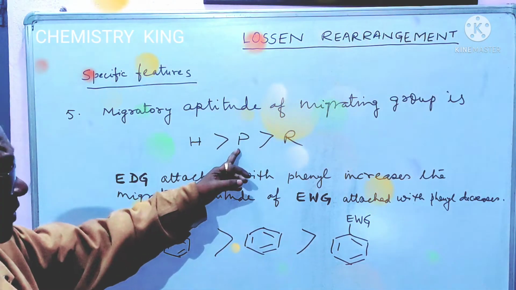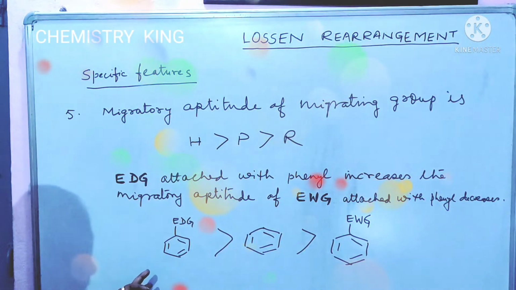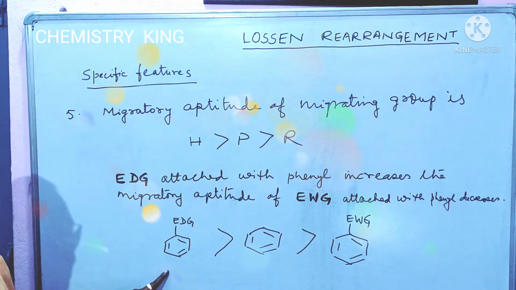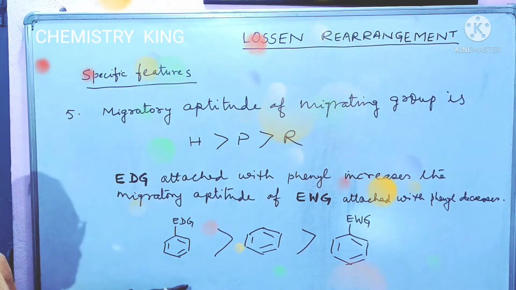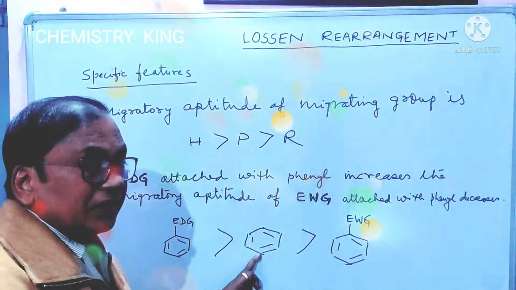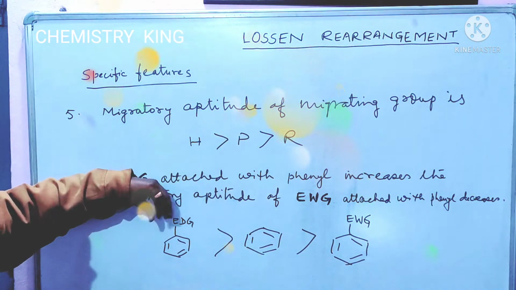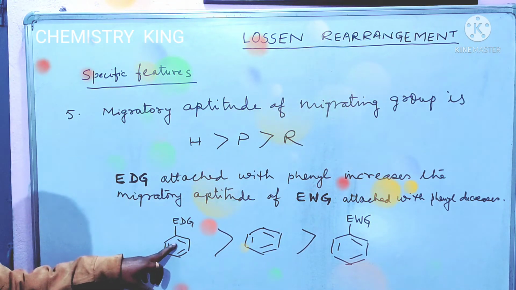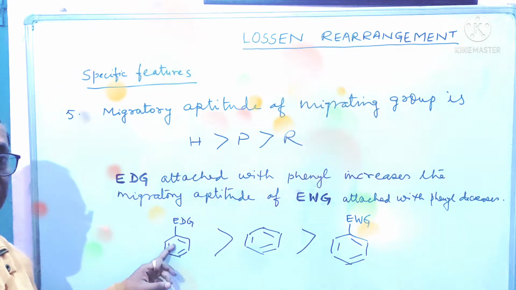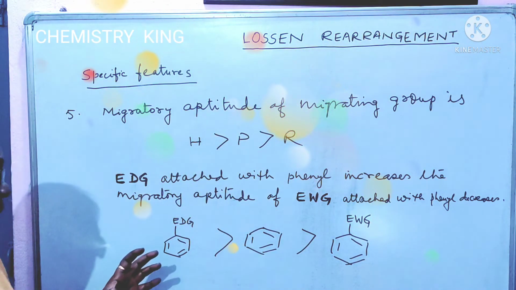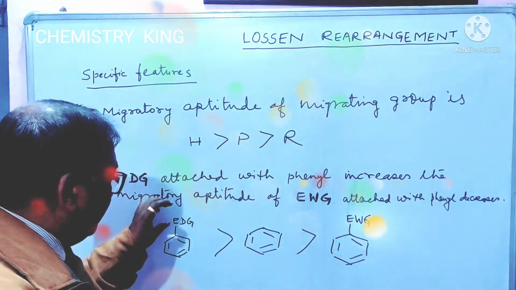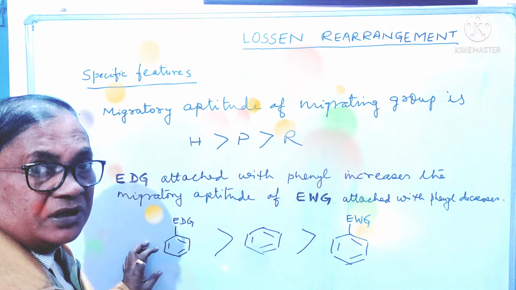Suppose it is the phenyl. Again, suppose an electron donating group is attached with phenyl, then its migratory aptitude will be greater than benzene, because the electron donating group will donate electrons, leading to an increase in the electron density of the phenyl. So, electron density will be greater if an electron donating group is here.